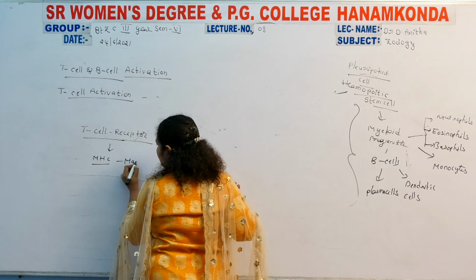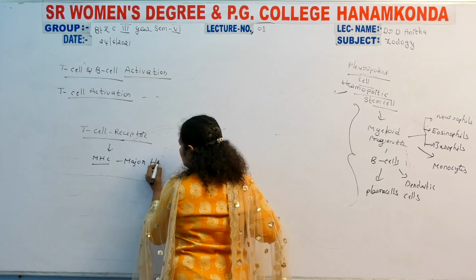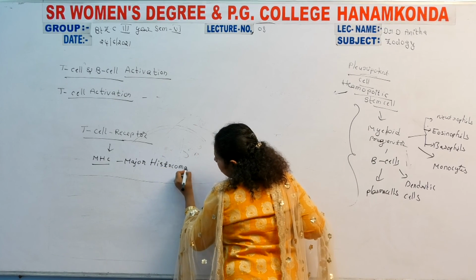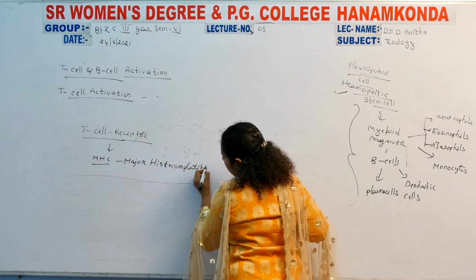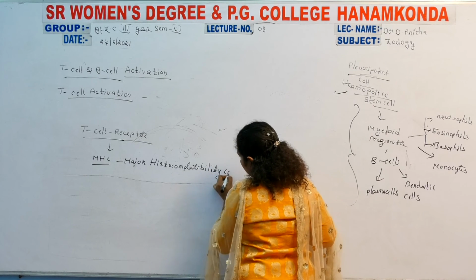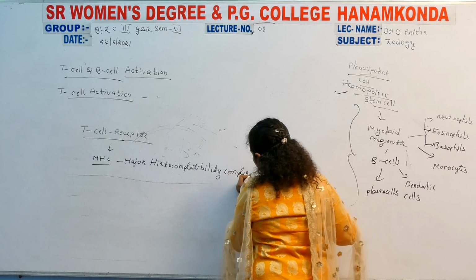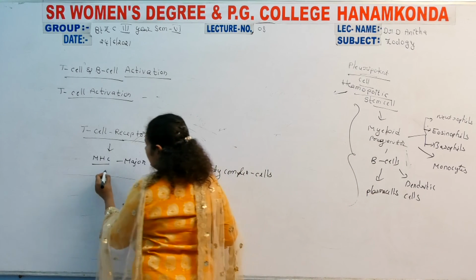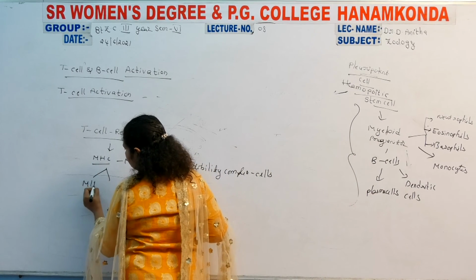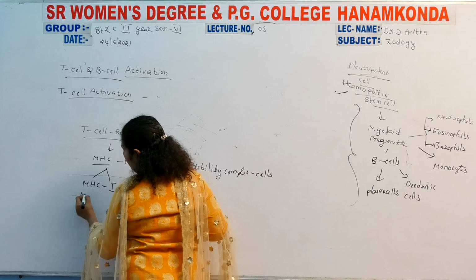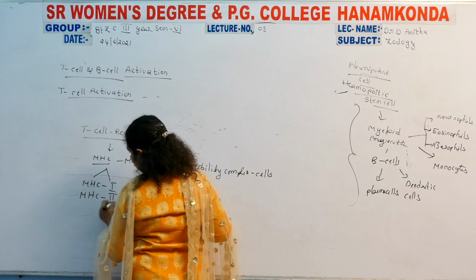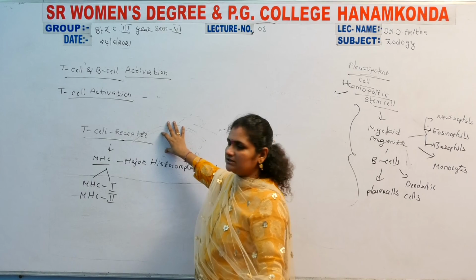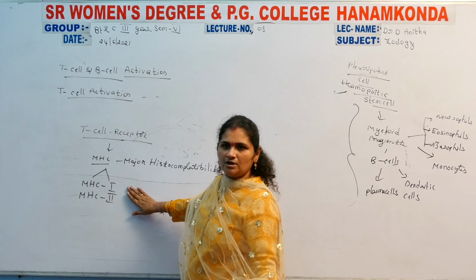Those are considered major histocompatibility complex molecules. These are mainly two types, those are MHC1 and MHC2.